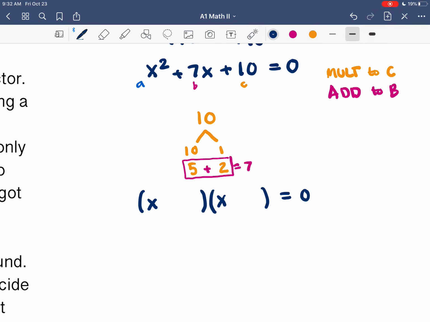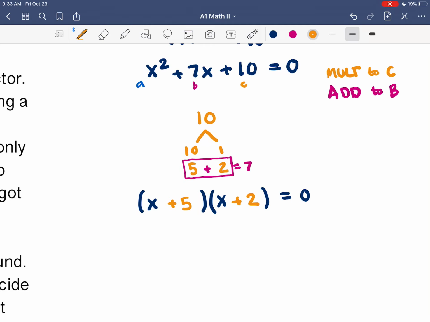Then we just use those 2 numbers that we found, and we put them here, positive 5 and positive 2. And that's it. We've changed it to be factored form, like magic. Like I said, the hardest part is solving that number riddle, finding 2 numbers that multiply to 10 and add to 7. Multiply to the C value, add to the B value.